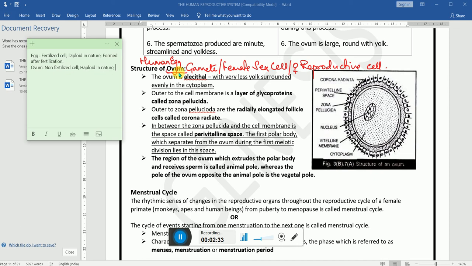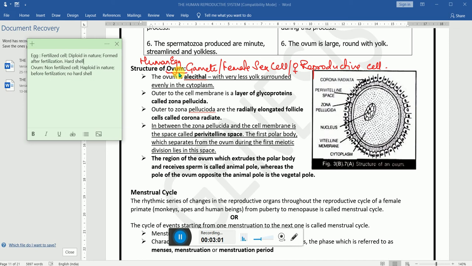It is a cell that is before fertilization. It does not have a hard shell, whereas in the case of an egg there is a hard shell, students. So you will remember the differences between an egg and an ovum.